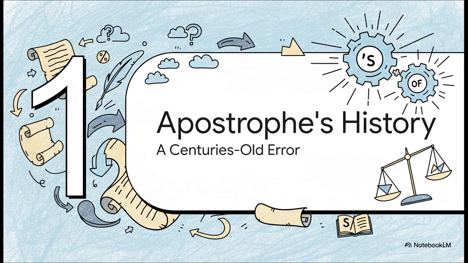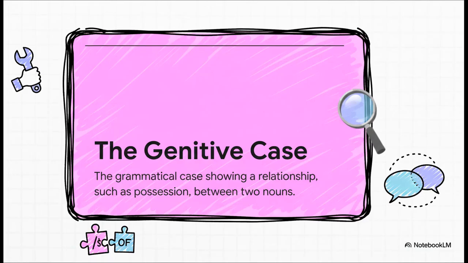To get what's really going on with possession in English, we have to dig a little deeper into the apostrophe's very secret history. See, that historical confusion happened because people were trying to make sense of something much older and way more fundamental. The proper fancy grammar term for all this isn't just the possessive, it's the genitive case.